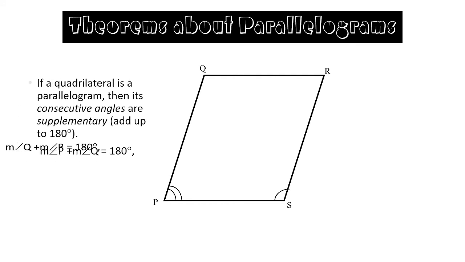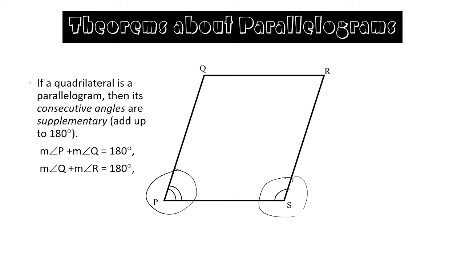So meron tayo dito na measure of angle P plus measure of angle Q is equal to 180, and measure of angle Q plus measure of angle R is equal to 180 degrees. Example dito, angle P and angle S are consecutive, therefore the measure of the two angles when we sum up is equal to 180.